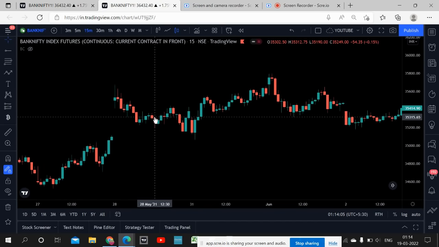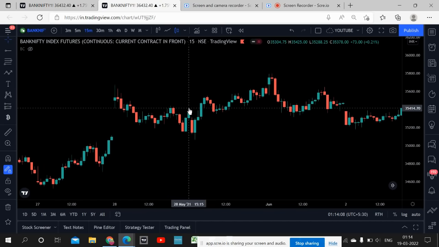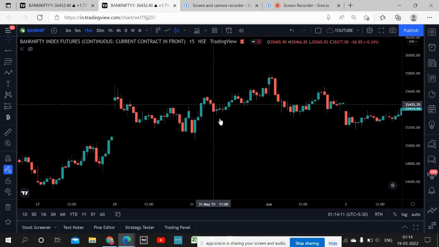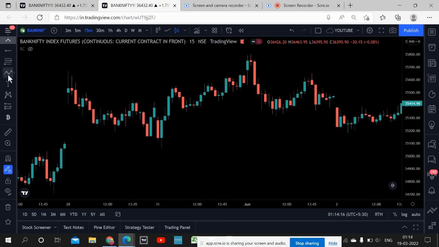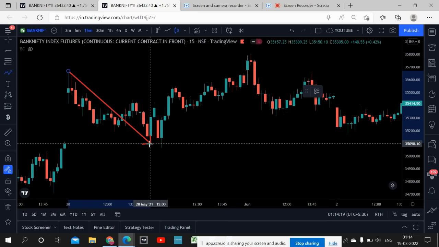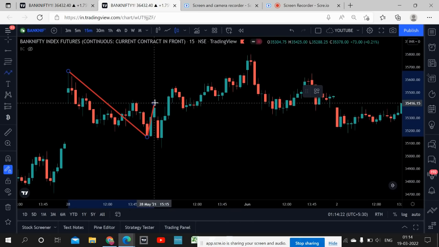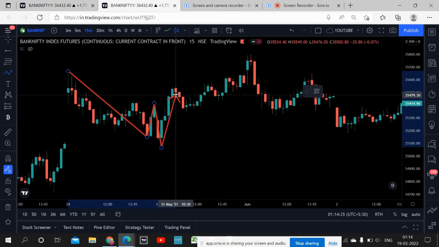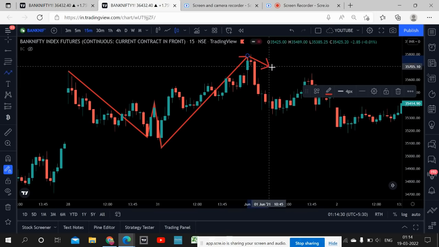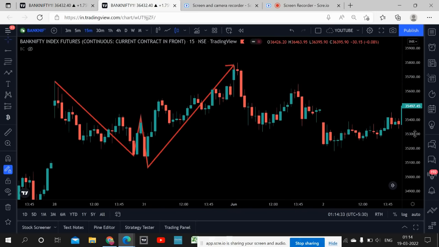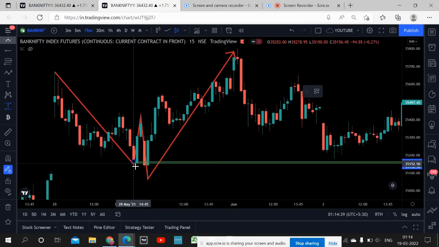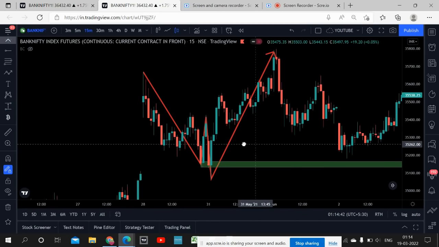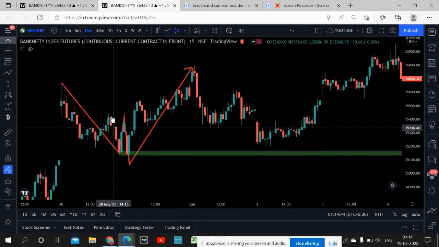We have more QMLs. Either this is a strong closing or this is a strong closing. So the trend reversal has happened here. See what has happened here.